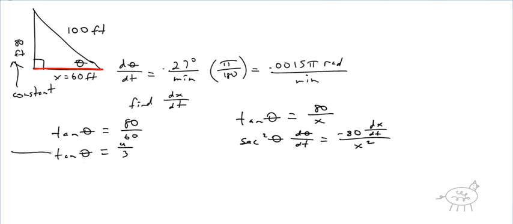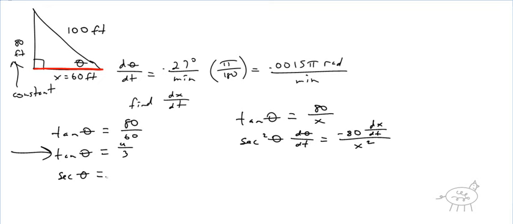The reason I did this is because I need secant squared of theta, and if tangent of theta is equal to 4/3, just based on this nice triangle here, isn't secant of theta 1 over cosine?